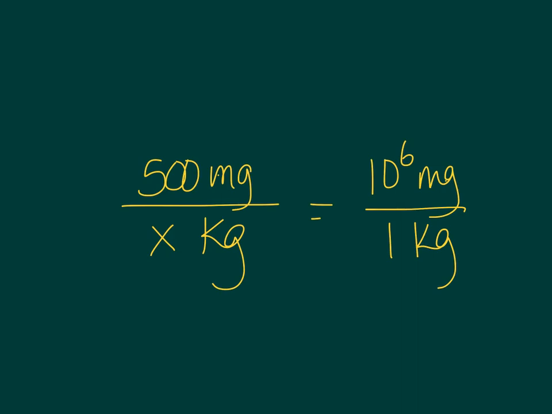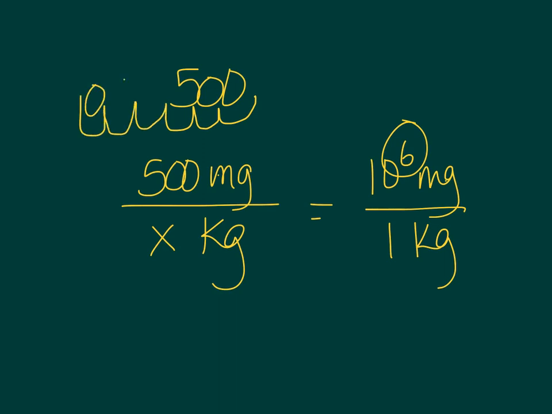How many places are we going to move that decimal point? 6. So we have 500. Okay, we're going to move it 6 places. 1, 2, 3, 4, 5, 6.